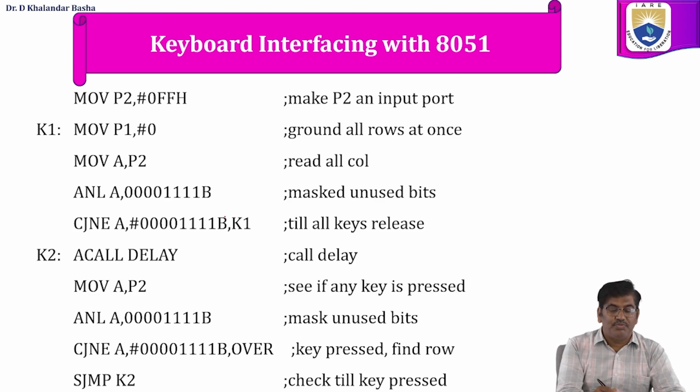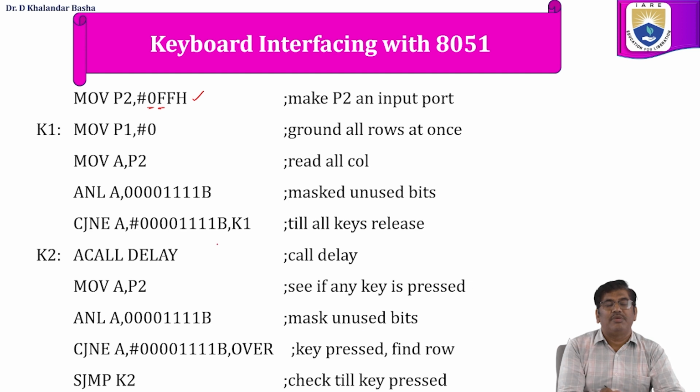First, to make port 2 an input port, we write FFH to port 2 by using the instruction MOV P2, #0FFH. Next, to clear all the rows, we move 0 to port 1 to ground the rows of the keypad.